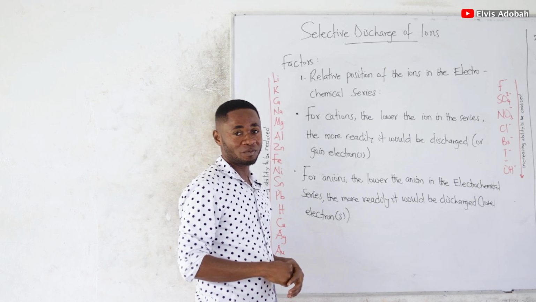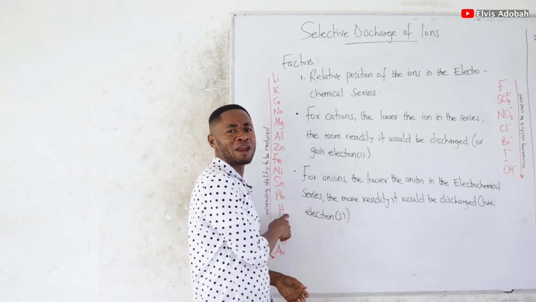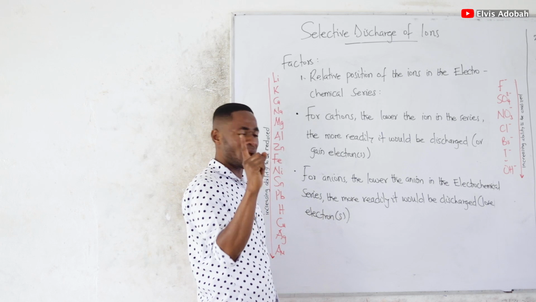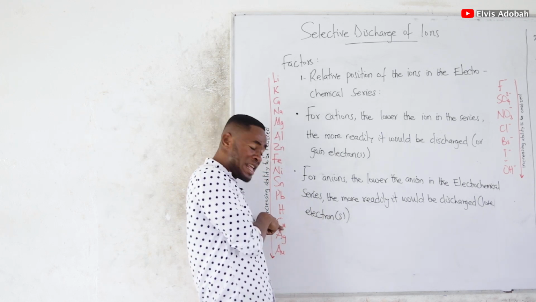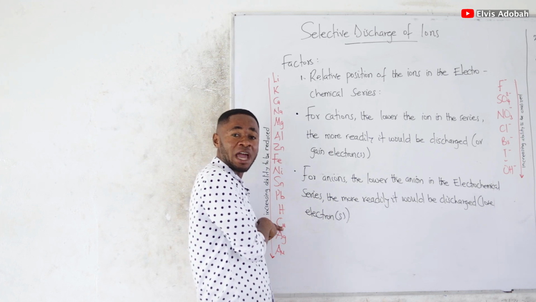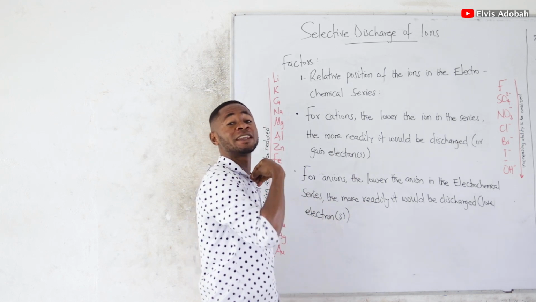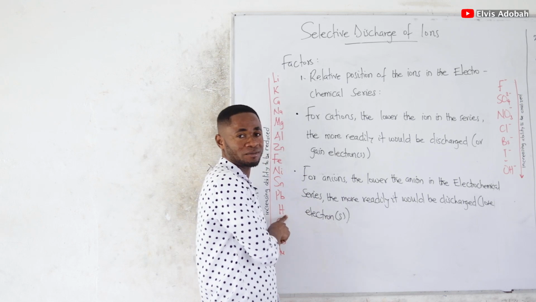Do you get it now? What if we have copper 2 ions and hydrogen ions in the solution? Who gains the electrons? Now remember, copper 2 ions will be found beneath hydrogen ions in the electrochemical series. So in this case, copper 2 ions will have to gain the electrons ahead of hydrogen ions.